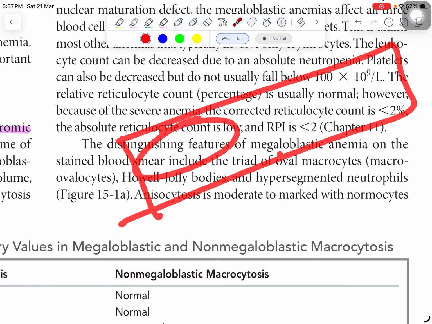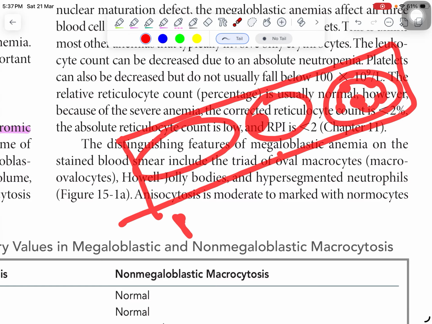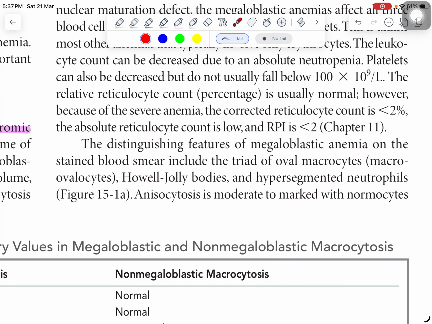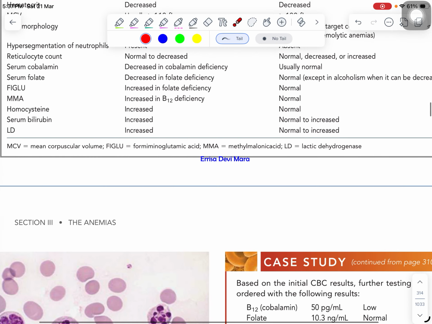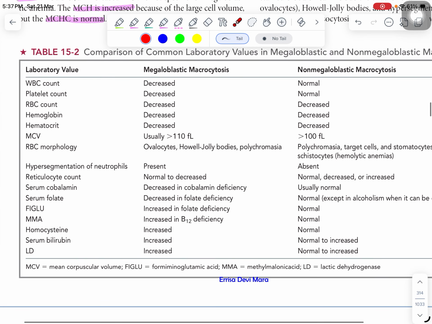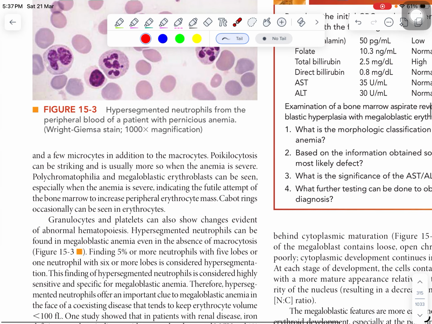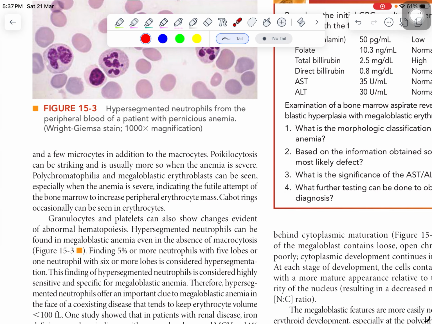If these are there, then you can call it megaloblastic anemia. Anisocytosis is moderate to marked, with normocytes and few microcytes in addition to the macrocytes.